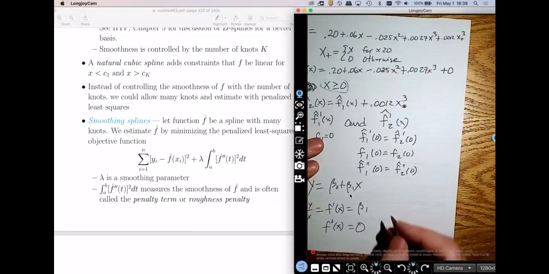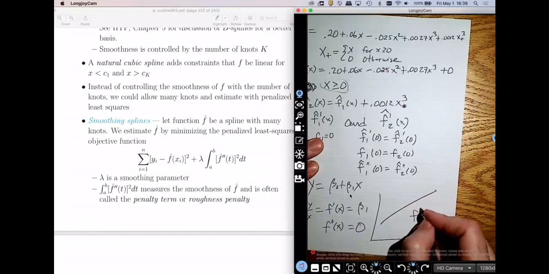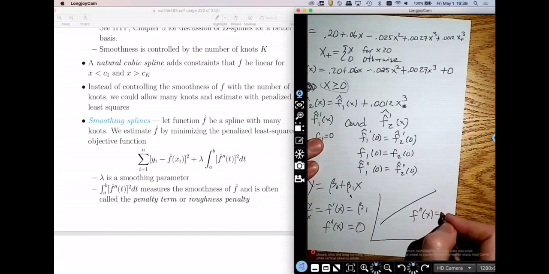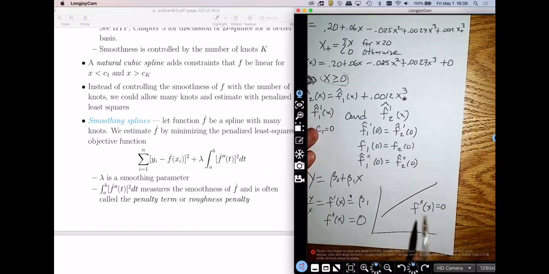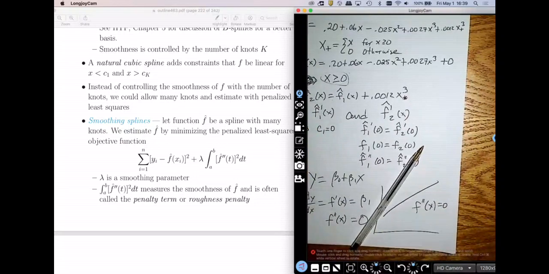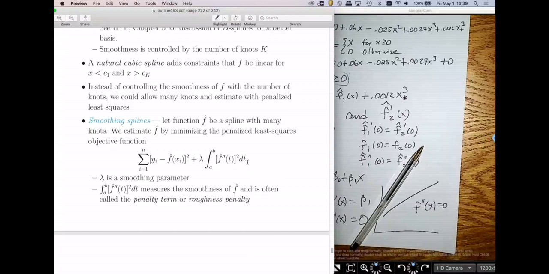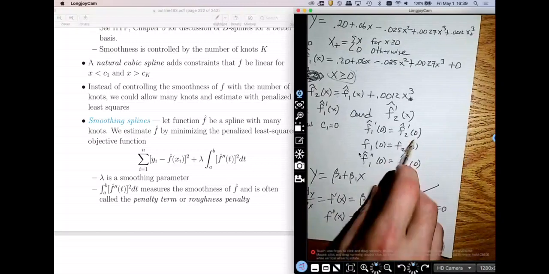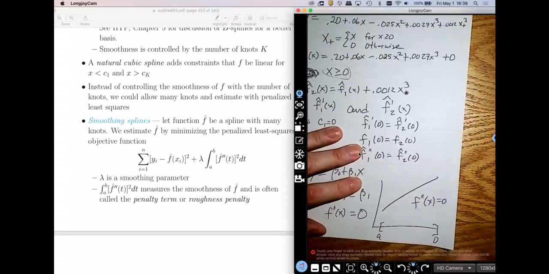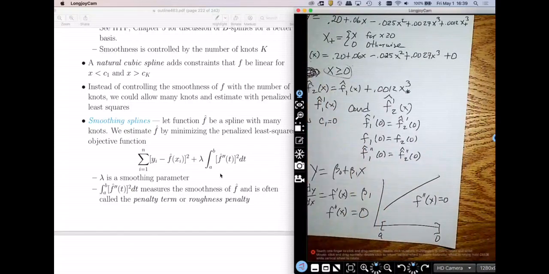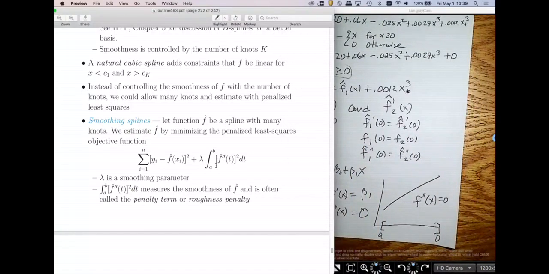So if I have a function that looks like this, f prime prime at x is 0. There is no curvature. I meant this to be a straight line. Therefore, when I compute this penalty over my a to b, so maybe I'm trying to approximate my function from here to here, since there is no curvature there, I pay no penalty. So the point I'm trying to make is when lambda is very big, I get a straight line.